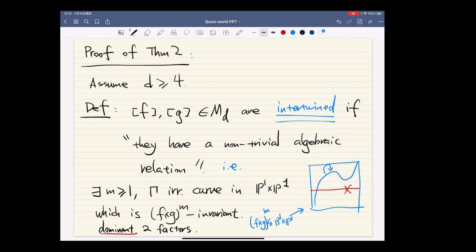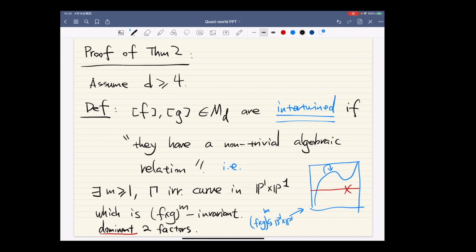On P1 times P1, you have the action F times G. We say that this gamma is invariant under this action, maybe replacing it by some iterate, so it's F times G^m invariant.